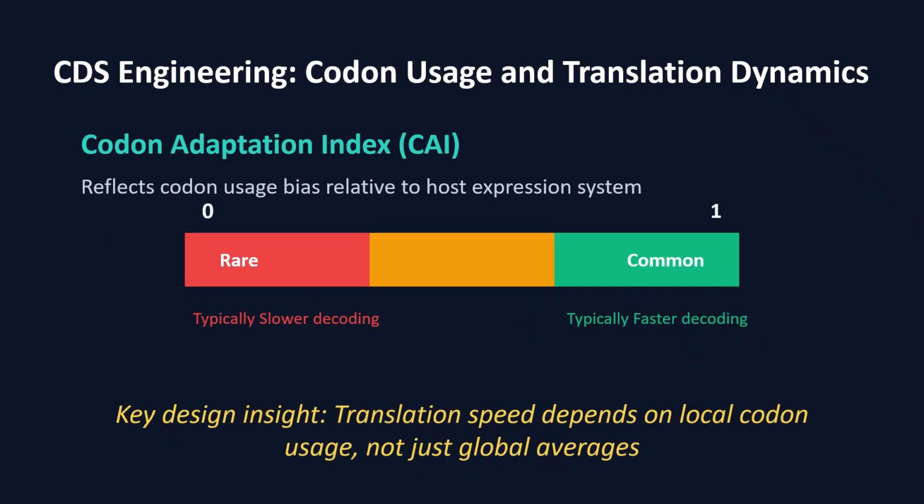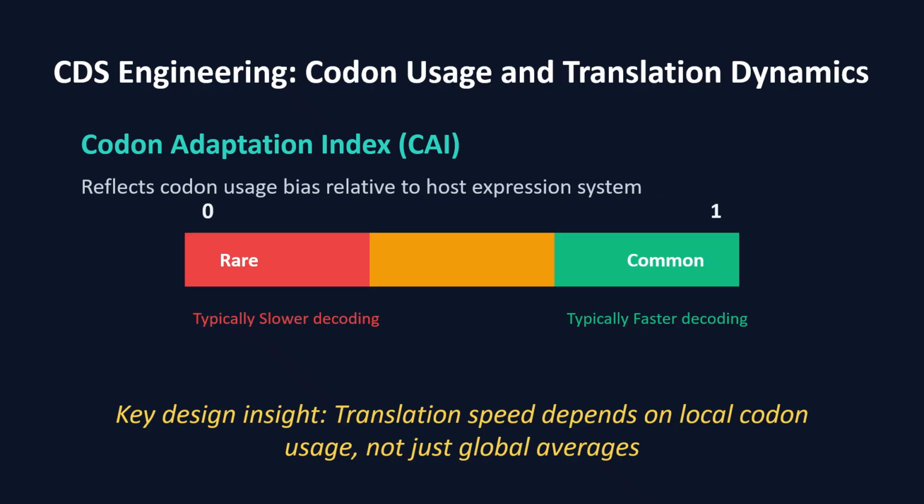And now let's talk about coding sequence engineering. Here we need to know something called the codon adaptation index, CAI. It reflects how similar a coding sequence is to the codon usage of highly expressed genes in the host system. Common codons are usually decoded faster because matching tRNAs are abundant, while rare codons tend to slow elongation.